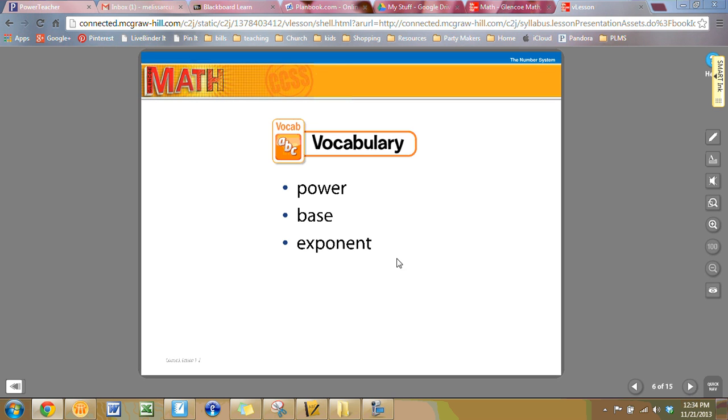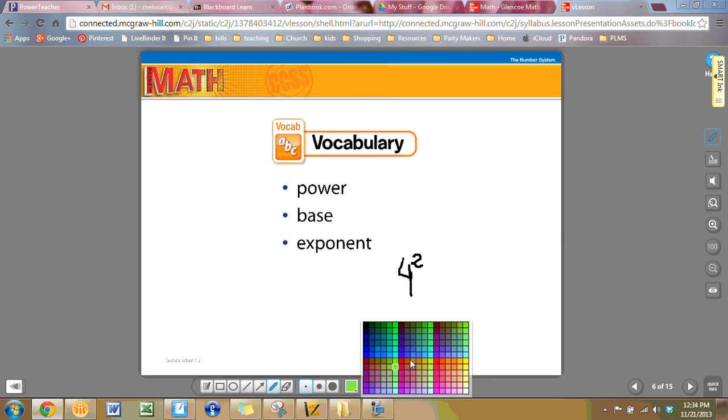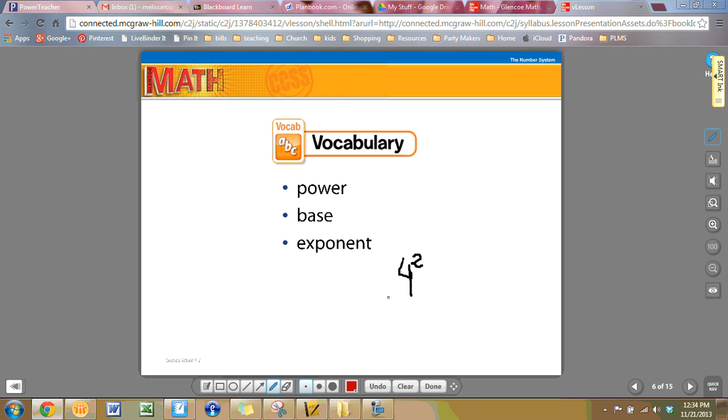So some vocabulary that you're going to hear throughout this lesson are power, base, and exponent. Now, a power is a number like, we'll say, 4 with a small 2 on top, like that. And the entire thing is called a power. This whole thing right here.